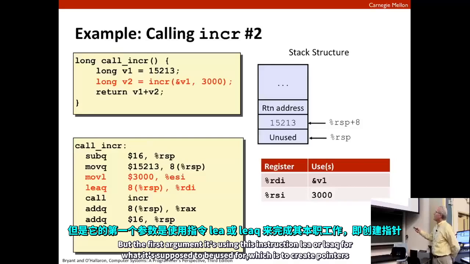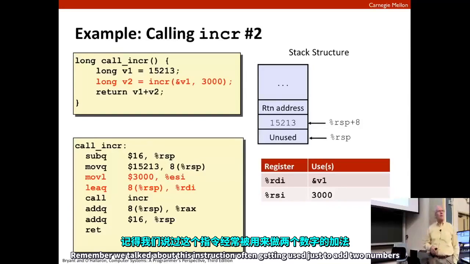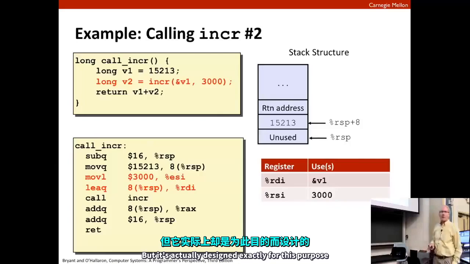But for the first argument, it's using the instruction LEA, or LEAQ, for what it's supposed to be used for, which is to create pointers. Remember, we talked about this instruction often getting used just to add two numbers, but it's actually designed exactly for this purpose.